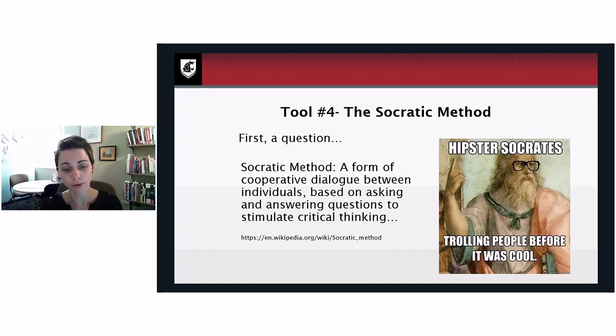Socrates, many of you are already aware, was a philosopher many millennia ago, and he had a method for teaching, which was a sort of dialogue based on asking questions to stimulate critical thinking. And I have a specific way that I recommend that tutors do this.